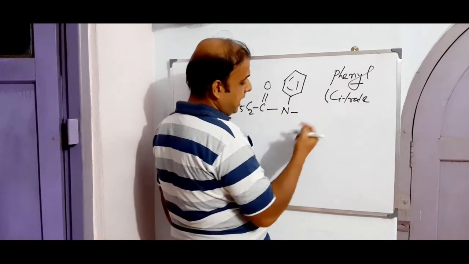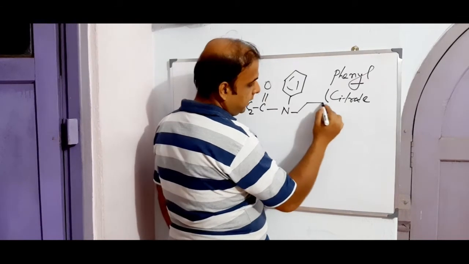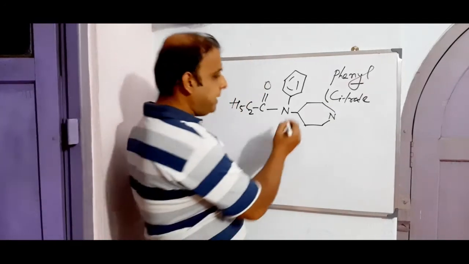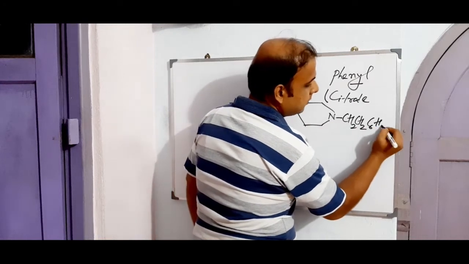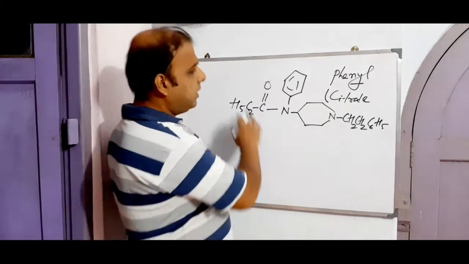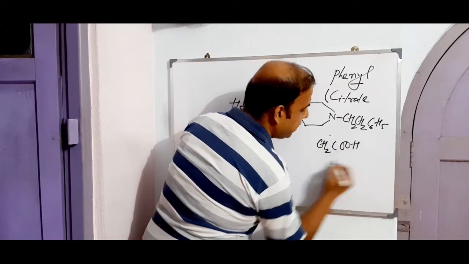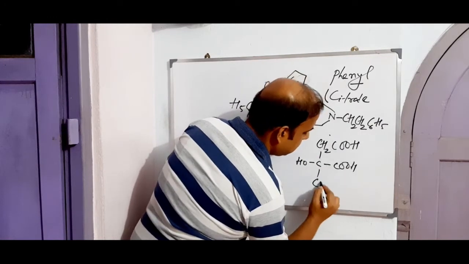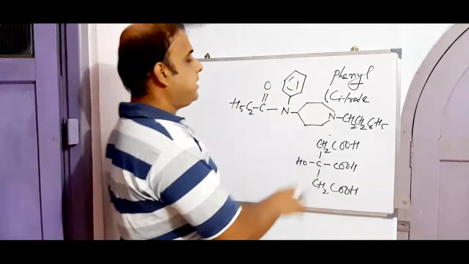The other end has to be inserted with the piperidine. To this piperidine, this phenethyl is attached. So this is all about the fentanyl, and citrate means this dot. We have to put CH2COOH, CHCOOH, and then CH2COOH, that is citric acid. So this is your fentanyl citrate.